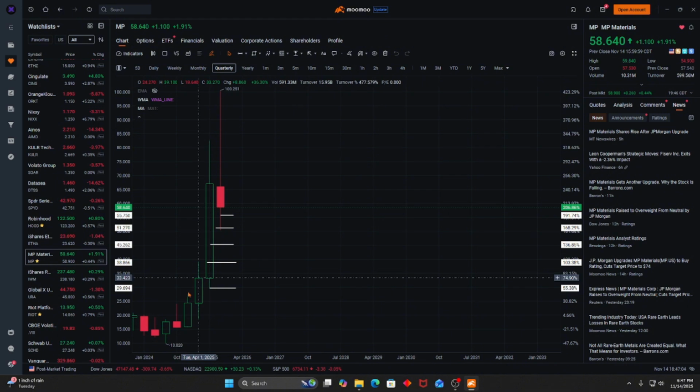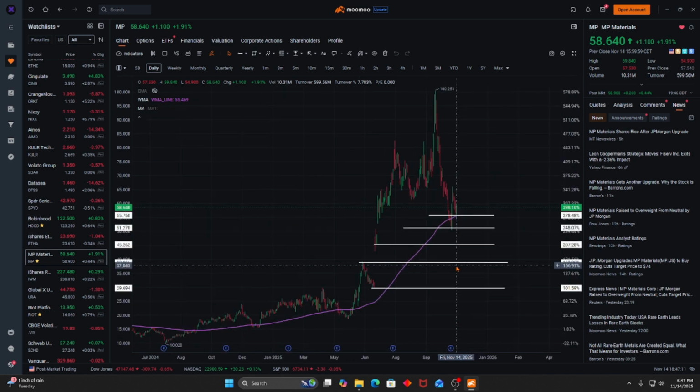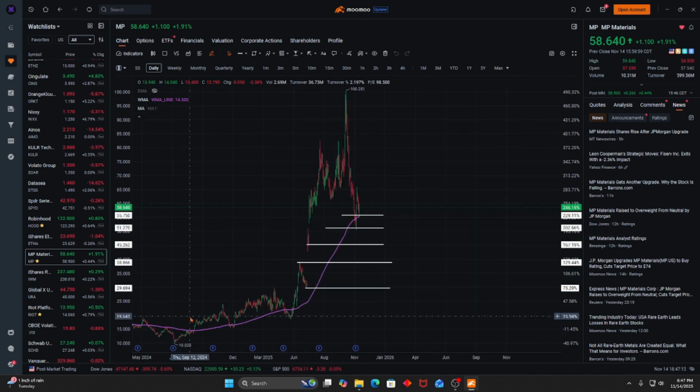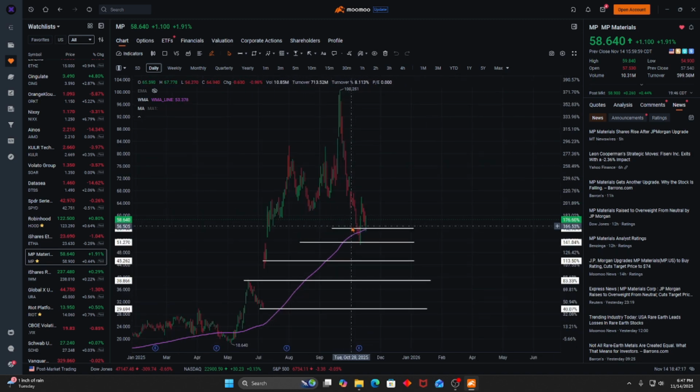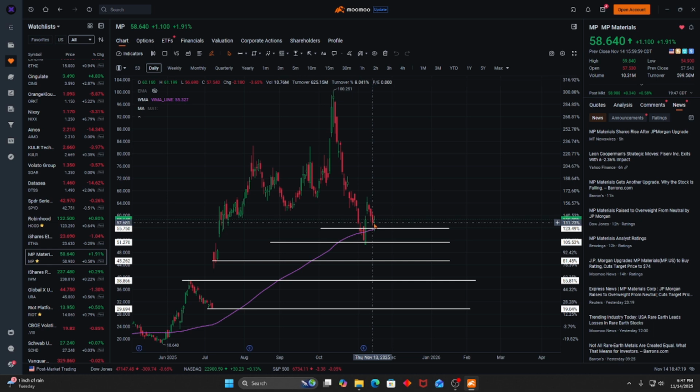It's been trending since July 1st of 2024. And since July 1st of 2024, guess what? We pulled back to the purple line multiple times. And every time it was a massive discount opportunity.